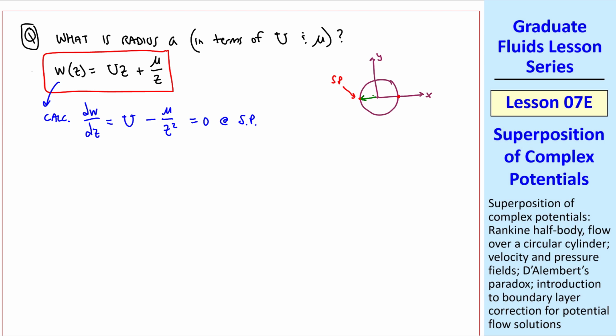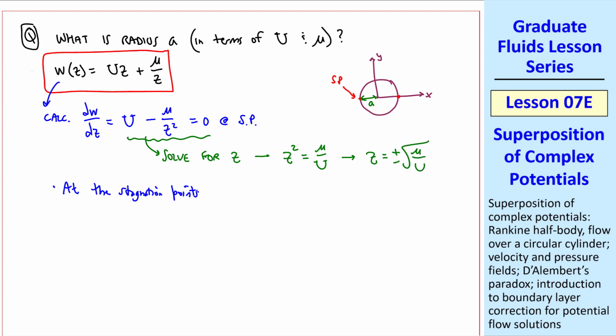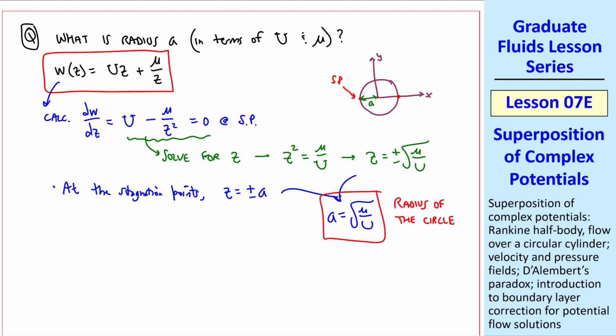And this distance is our radius A. We can solve this equation for z, namely z squared equal mu over U, and thus z equal plus or minus the square root of mu over U. And the way we've defined the radius is that at the stagnation points, z equal plus or minus a. A is the square root of mu over U. This is the radius of the circle.